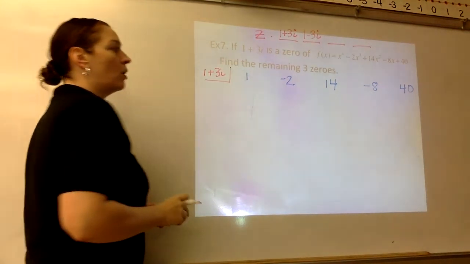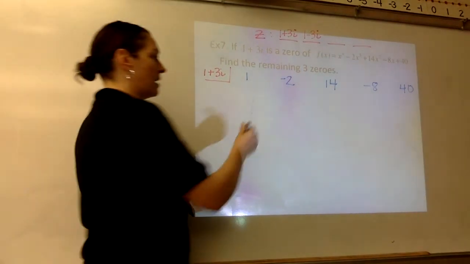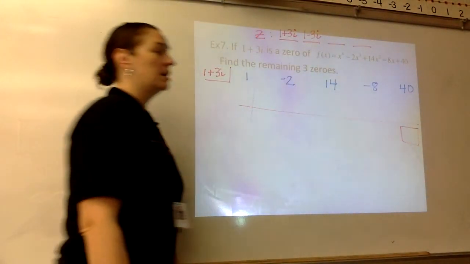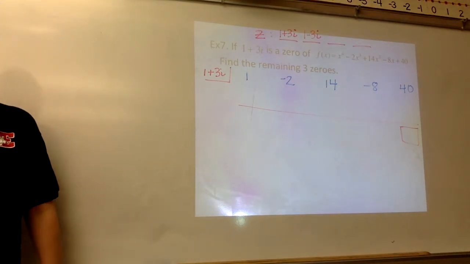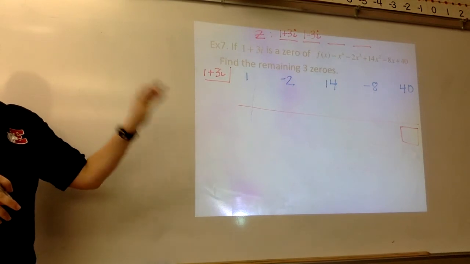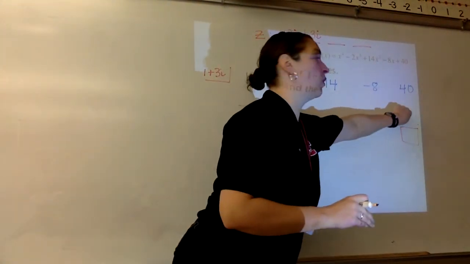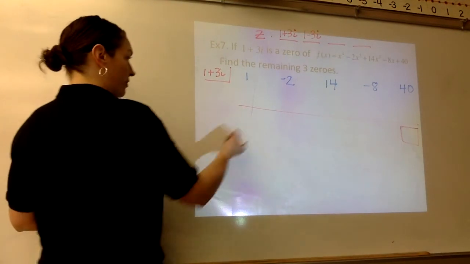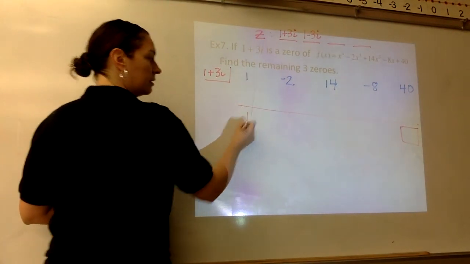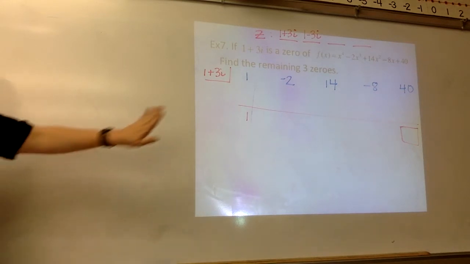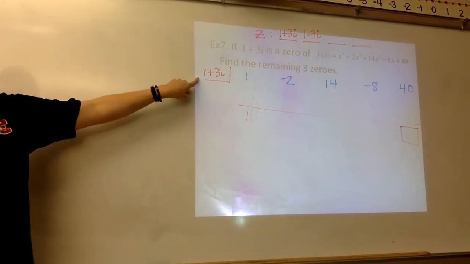Now, what do we know the remainder should come out to? So when I do this, what should I get in this box? 0. A 0. That is a given. That needs to happen. And you want to do all of the work to make sure that you get a -40 right here. All right, follow suit. I bring down the 1. Now what? Multiply 1 times 1 plus 3i. That's easy.